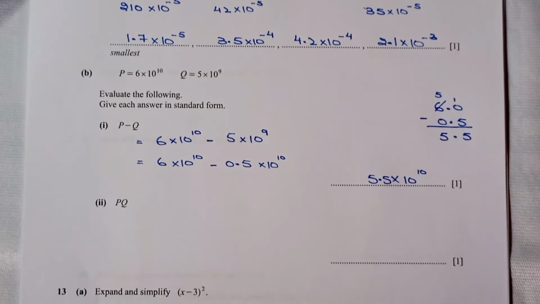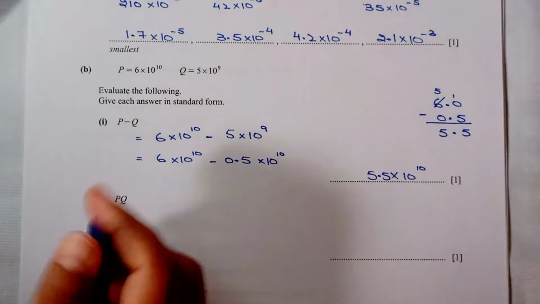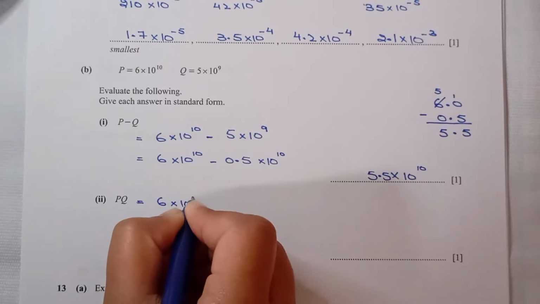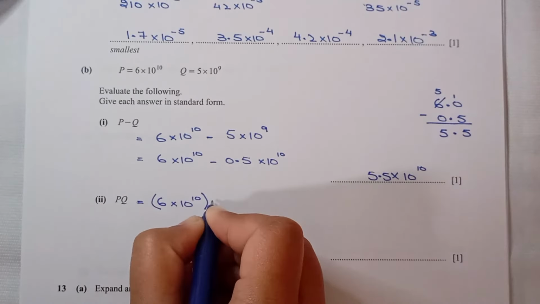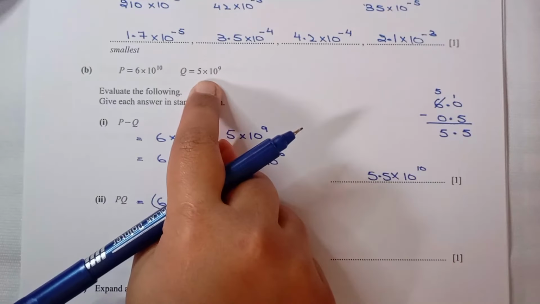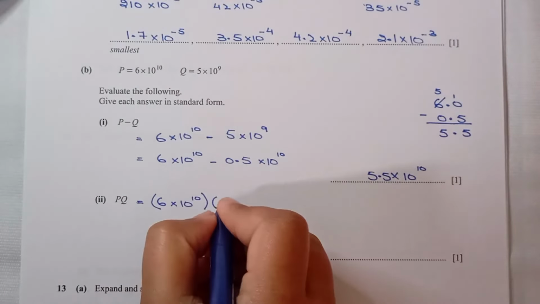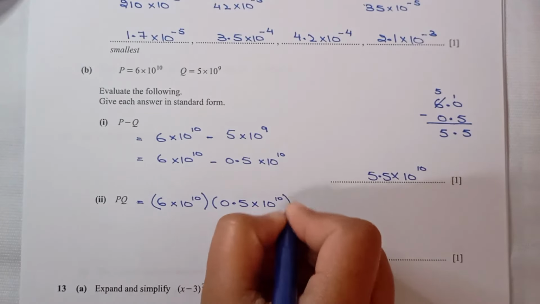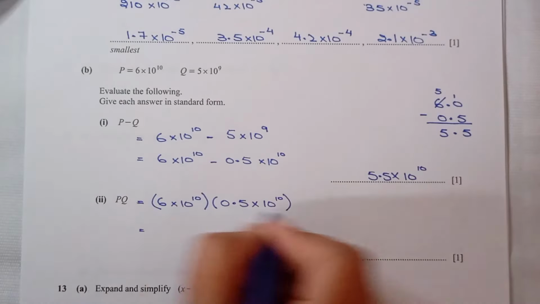Now we need to find PQ, the product of P and Q. So we have P is 6 times 10 exponent 10, and Q is 5 times 10 exponent 9. I would like to write it in the same exponent, 0.5 times 10 exponent 10. Okay, so we have the same exponents.